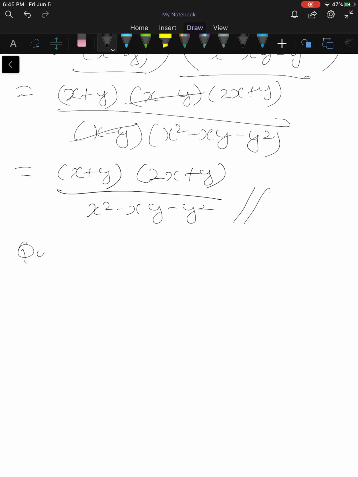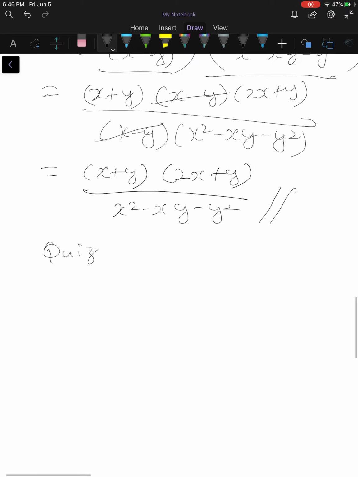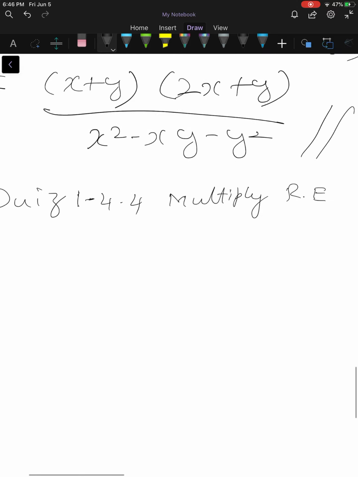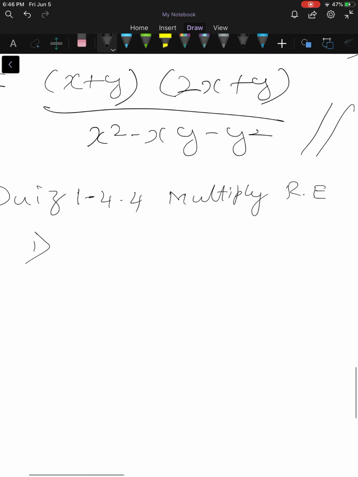Okay, now your quiz, 1.4.4. Multiply the rational expressions.